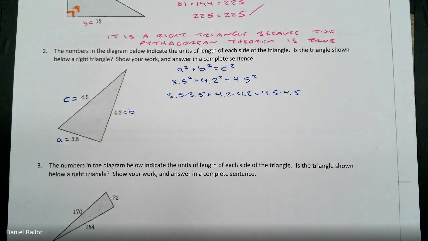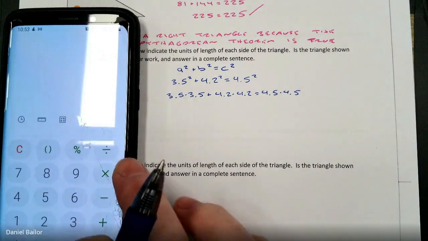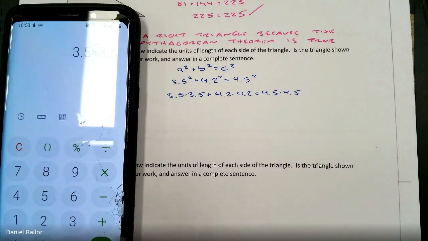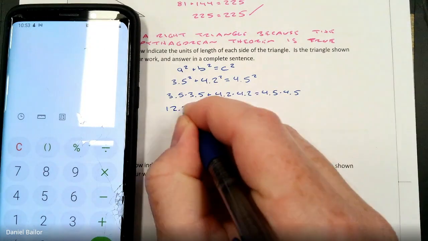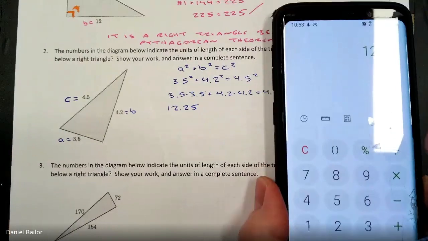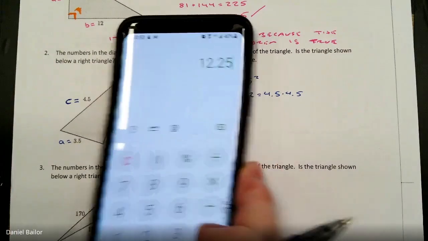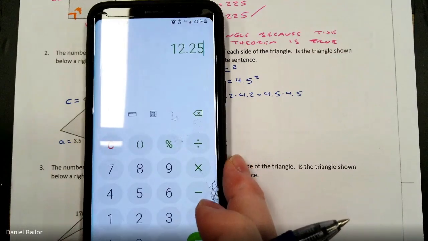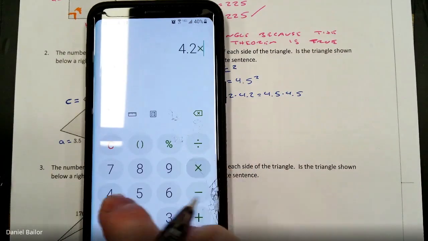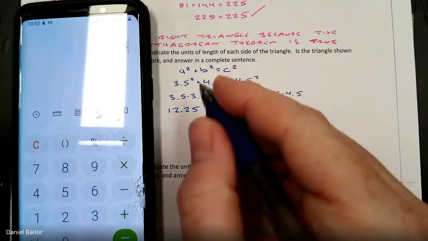So if you get your calculator, let's do 3.5 times 3.5. We get 12.25. I'm sorry about the glare. Then we do 4.2 times 4.2, and we get 17.64.